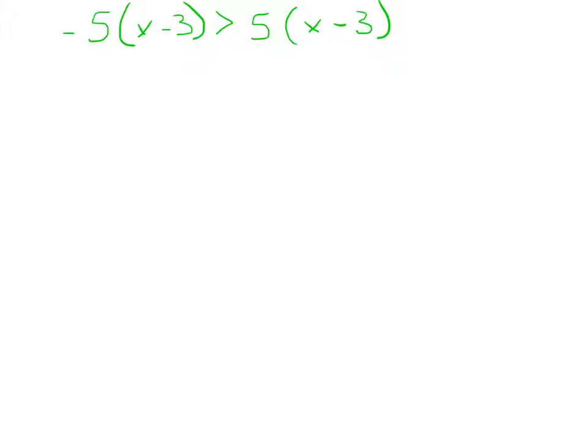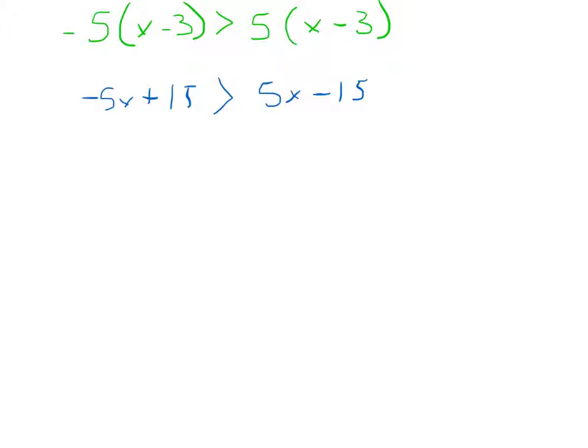Okay, so first step would be to distribute. Let's distribute here. Negative 5x plus 15, because a negative times a negative is a positive. And then I've got a 5x, and 5 times negative 3 will be negative 15.